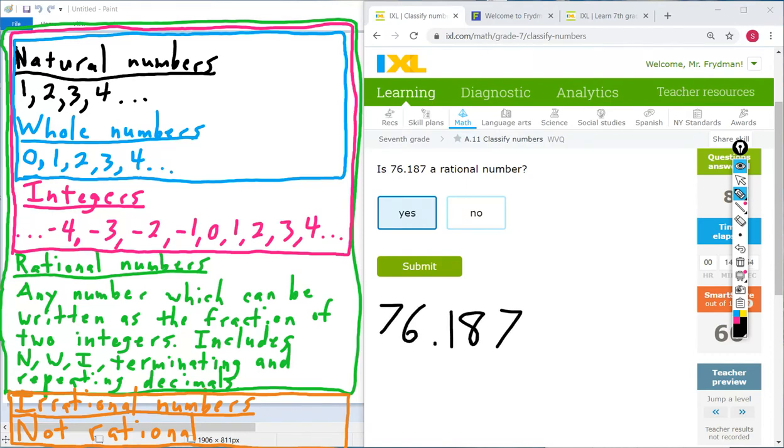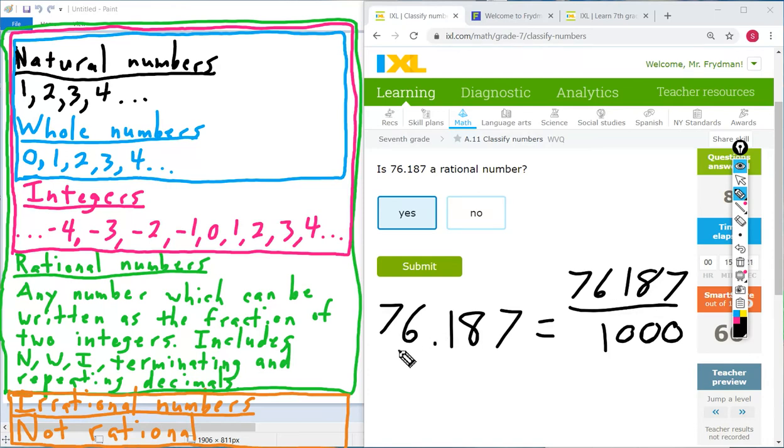We could say that this number is equal to 76,187 over 1,000. How do I know that? Because if I were to take this number and divide it by 1,000, all I would have to do is take the decimal point and move it 3 spaces to the left, and then I would get this number back.